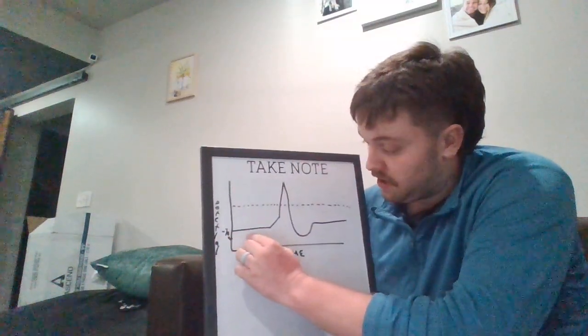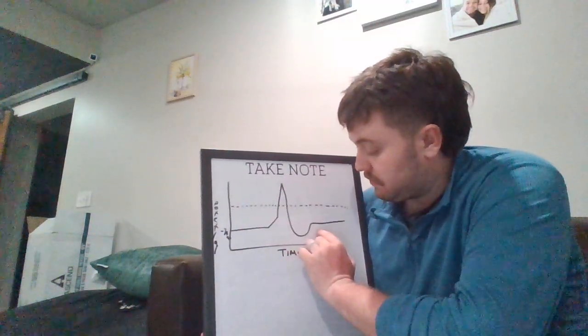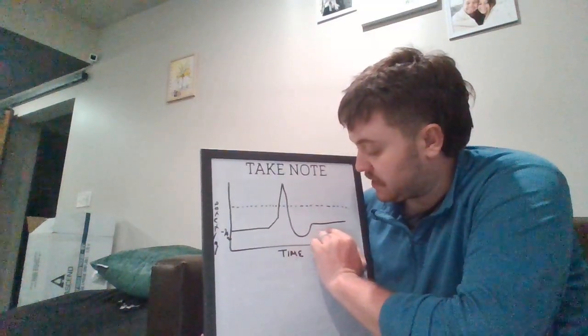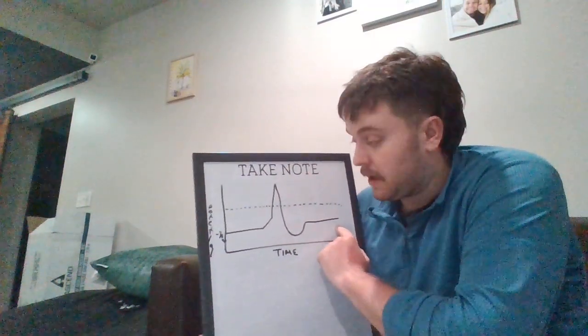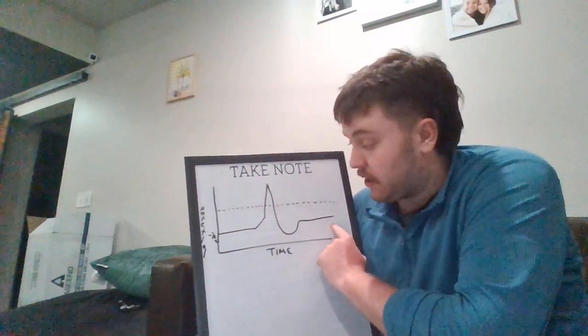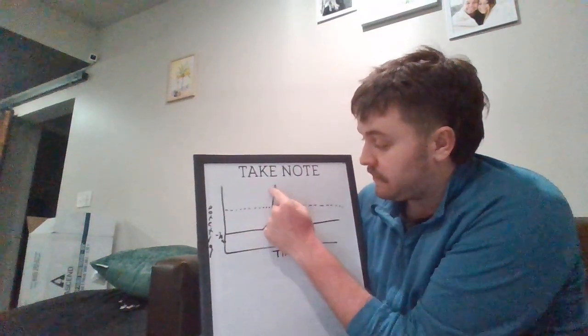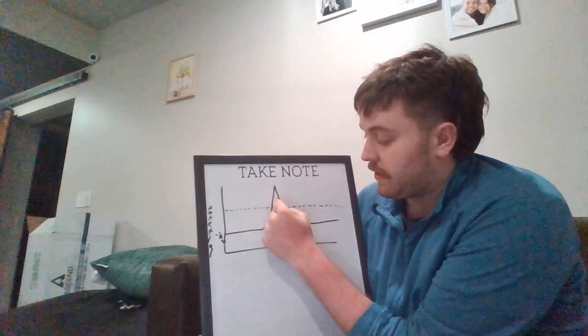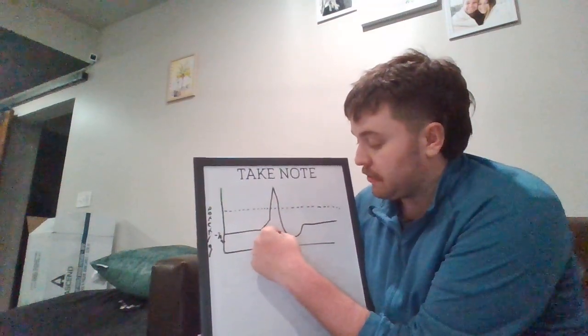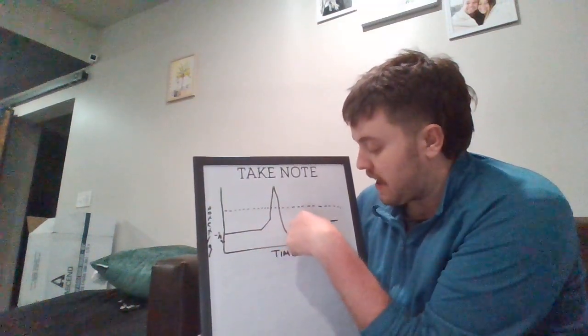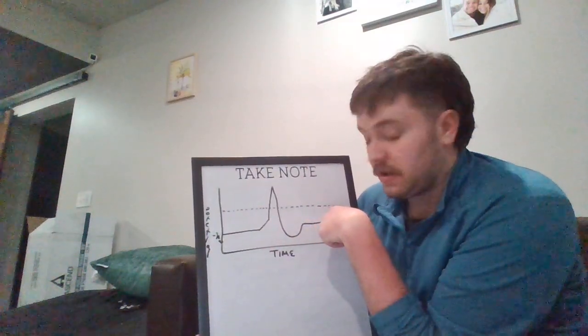So we see that right here as a resting potential, and right here as a resting membrane potential. Okay? And now a few things to point out. Resting membrane potential, rising phase, falling phase, hyperpolarization phase, and then after hyperpolarization.